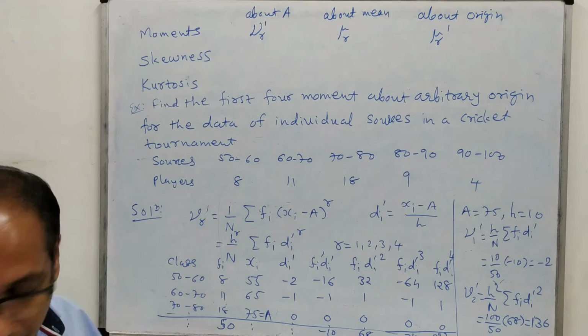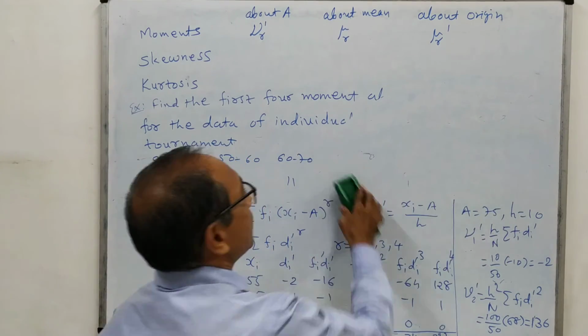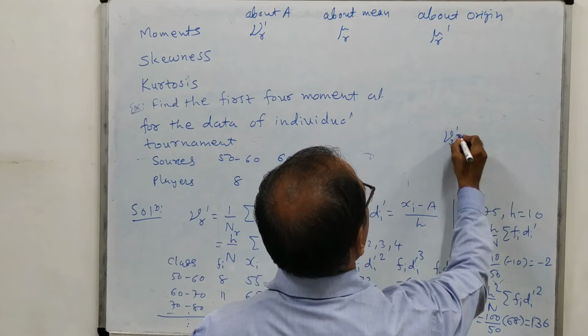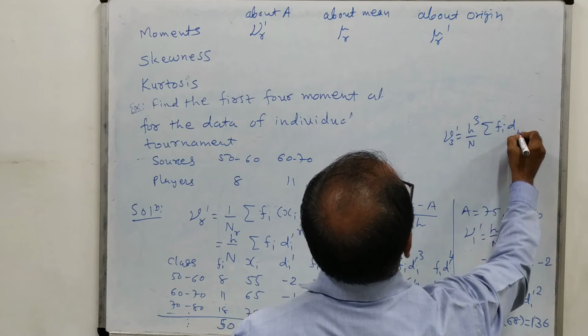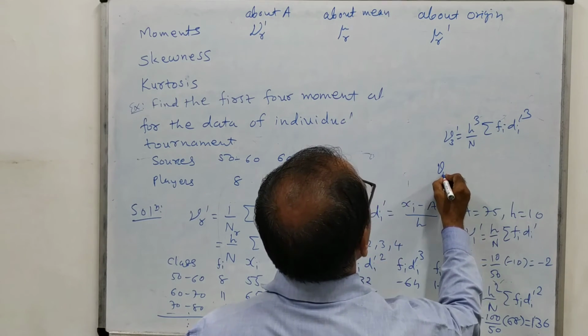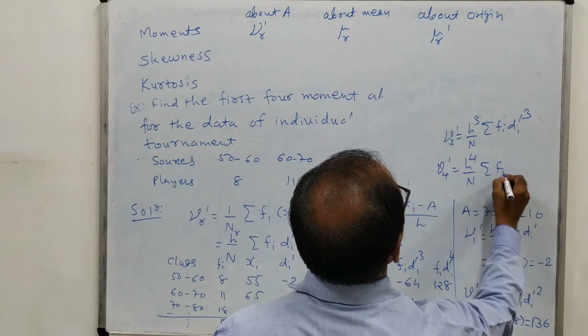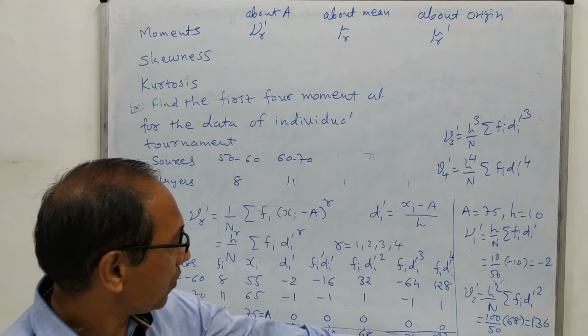Similarly, you can find out the other values. Say mu3 dash as h cube upon capital N into sigma fi di dash cube, and mu4 dash as h raised to 4 upon capital N sigma fi di dash raised to 4, and all the values are available with you.